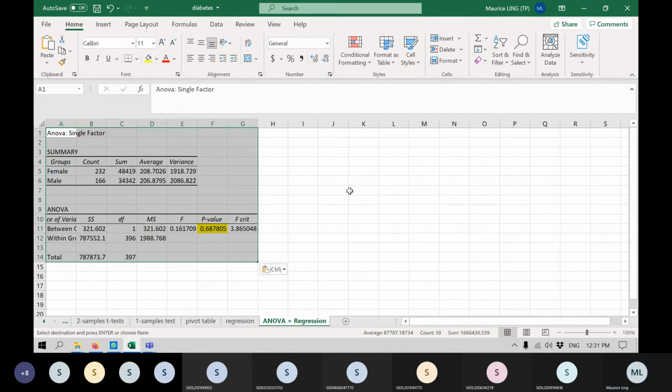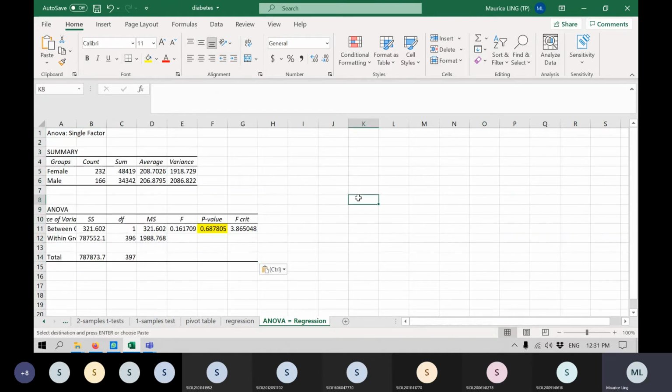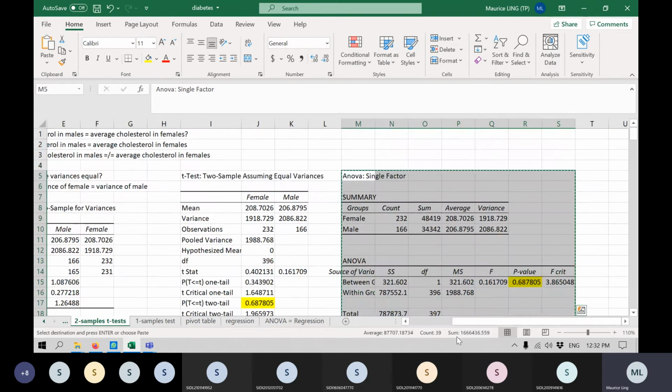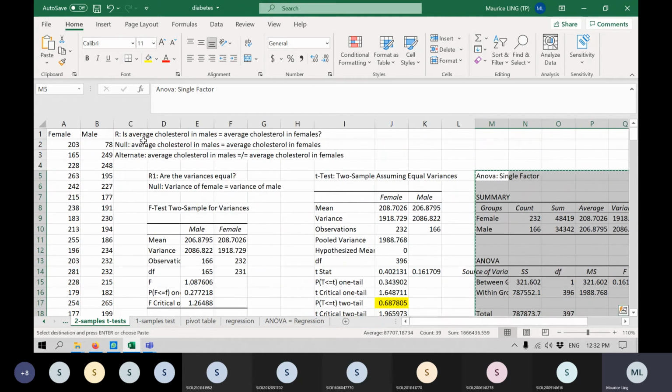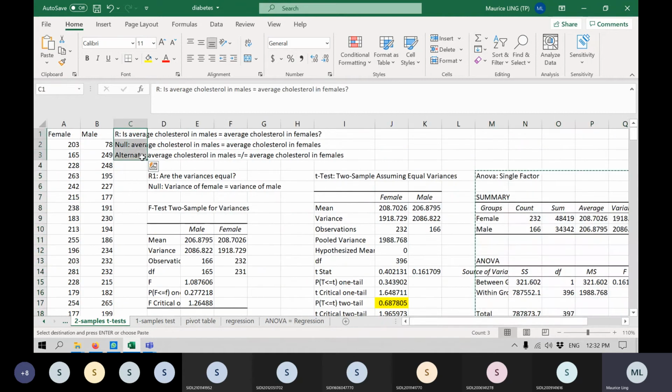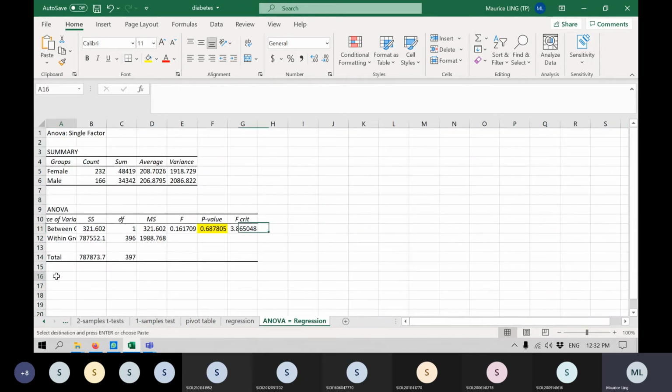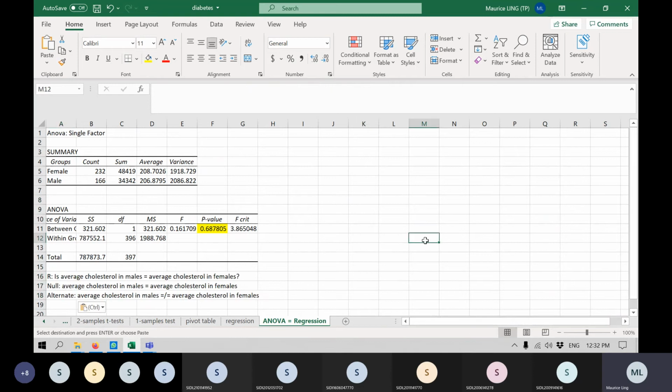Just put it here. So we have the ANOVA table here, and originally our question is really this: is there a relationship between the average cholesterol in males and the average cholesterol of females?